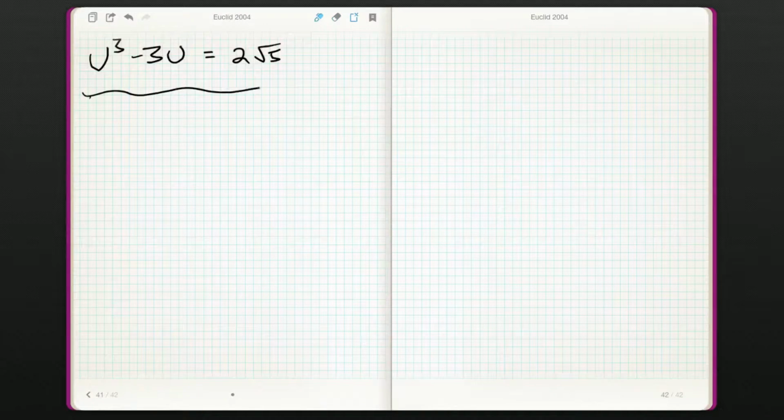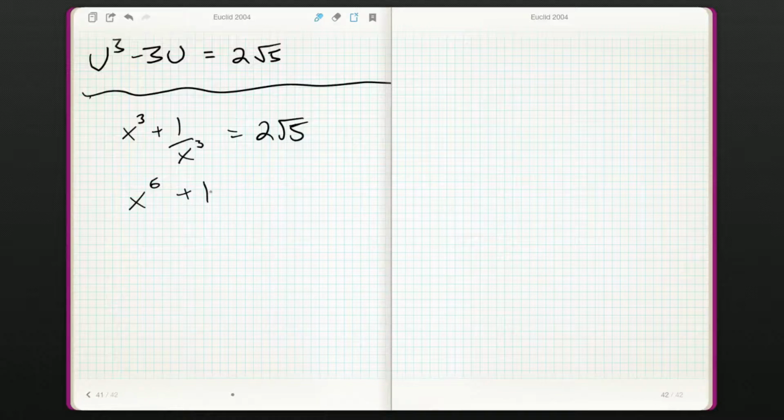So let's actually ignore this. I know x cubed plus 1 over x cubed is 2 root 5. If I multiplied through by x cubed, I would get x to the 6 plus 1, which is 2 root 5 x cubed. And, oh, okay.